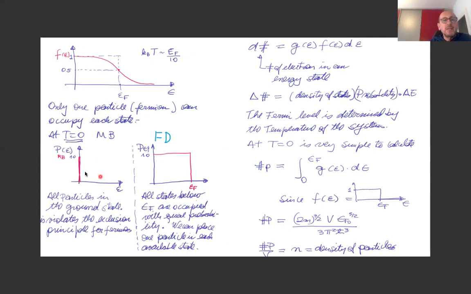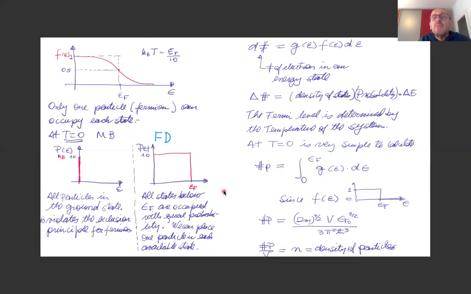And the contradiction is solved by an energy distribution like this, where for all the possible states below a certain energy value, you can have single occupancy of all the states with equal probability. When you raise the temperature, you can empty some states a bit and occupy some states above this value.